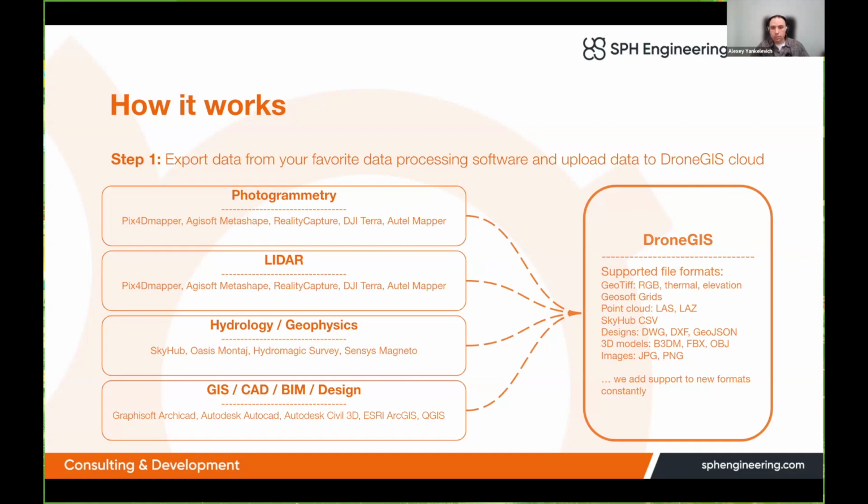And in many cases, you don't have just a single desktop software where you can put all these things together, prepare a map and deliver it to a client without asking the client to install a specialized software for viewing.